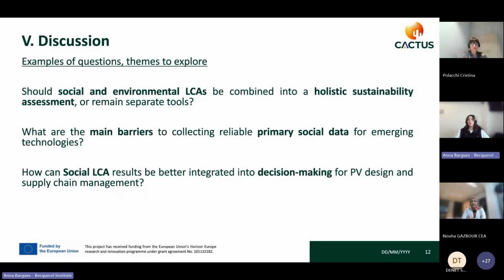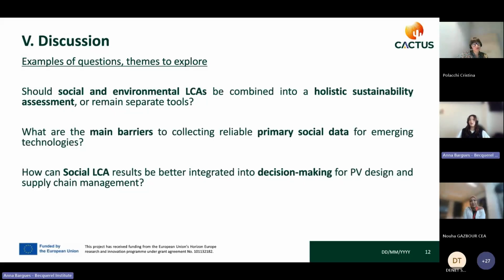I put some questions in this slide. The goal is not really to answer them today. I'm not sure if there is one right answer for them, or maybe just some ideas of what could be improved. But the first question that we can maybe think of is, should social and environmental LCAs be combined to have one whole sustainability assessment, or should they remain separate tools?